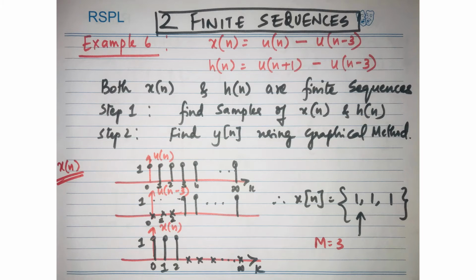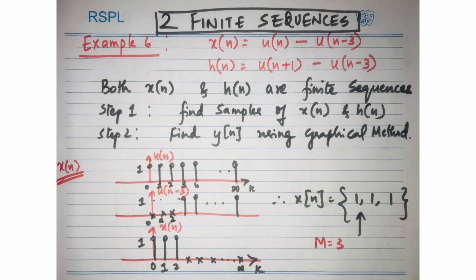Now let us consider two finite sequences in which x of n is u of n minus u of n minus 3, and h of n is u of n plus 1 minus u of n minus 3. This problem can be solved in two ways.